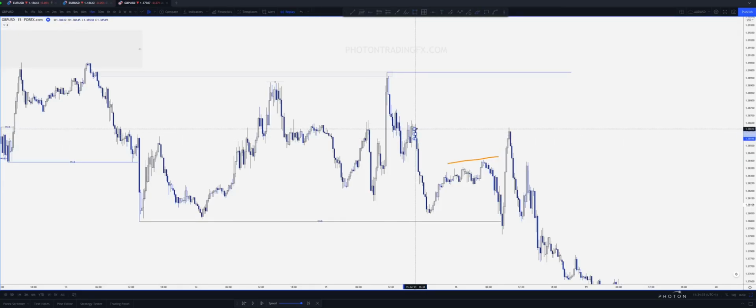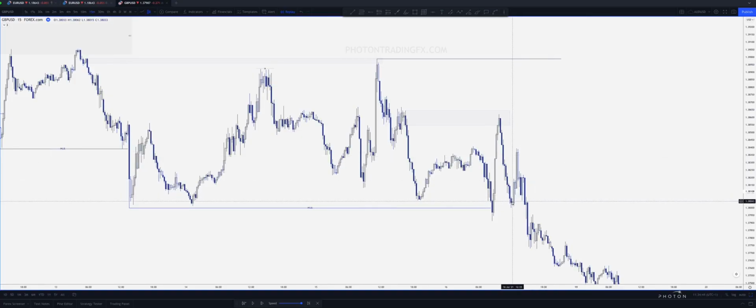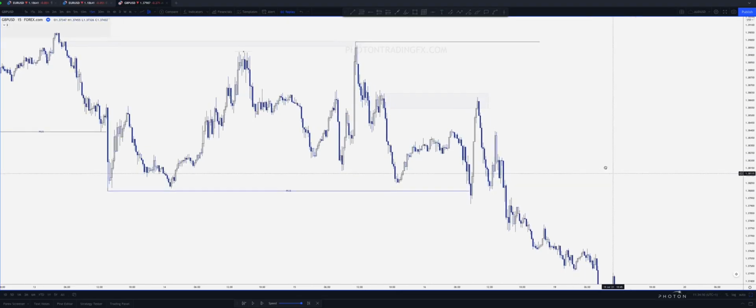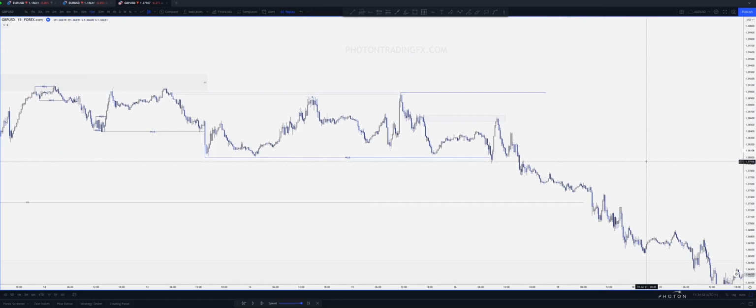I can get the zone to draw on properly, and then we get that move to the downside there. So if you were looking at longs from here, you just have to manage your expectations and cover your risk a lot quicker, knowing that we have just swept liquidity and we've come off a zone more towards the premium of price.